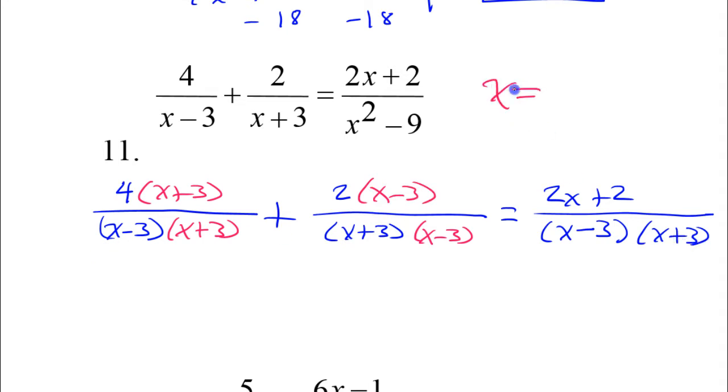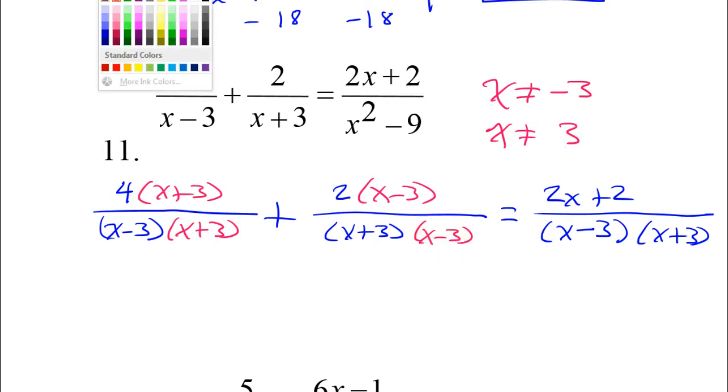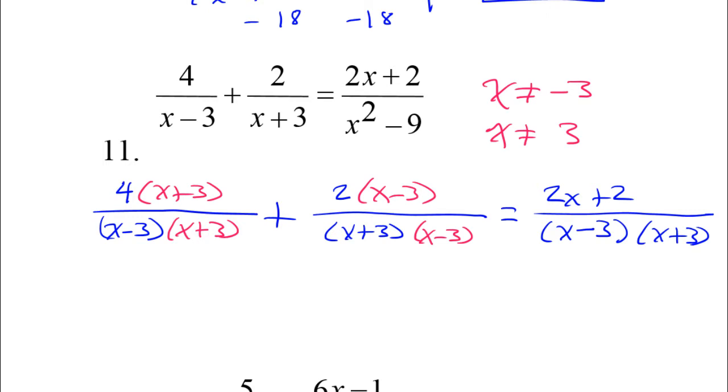By the way, x cannot equal negative 3 because of the x plus 3, and x cannot equal positive 3 because of the x minus 3. Now that the denominators are the same, I can cancel them out. I only do this when I'm solving an equation, not when I'm just adding or subtracting. In that case, you have to keep the denominator.